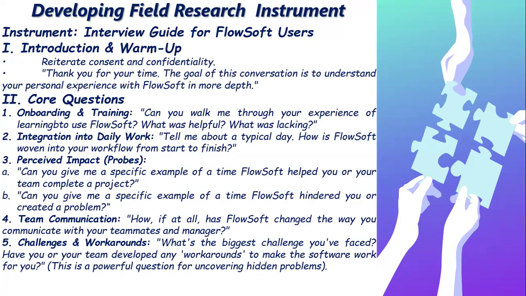Now here, the instrument is the interview guide for FlowSoft. So it's the second instrument. Introduction and warm-up. Reiterate the consent and the confidentiality. Thank you for your time. The goal of the conversation is to understand your personal experience with FlowSoft in more depth.